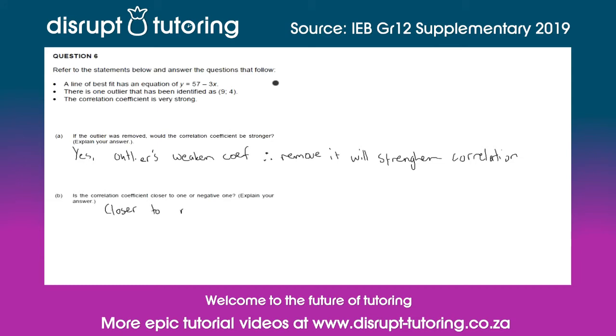And this is because the gradient of the best fit graph is negative. And we can read that gradient off over here, where it's given us that y equals 57 minus 3x. So that means our gradient is minus 3.